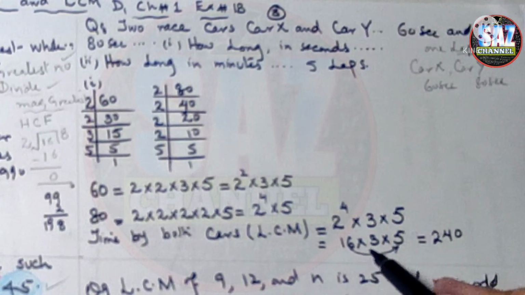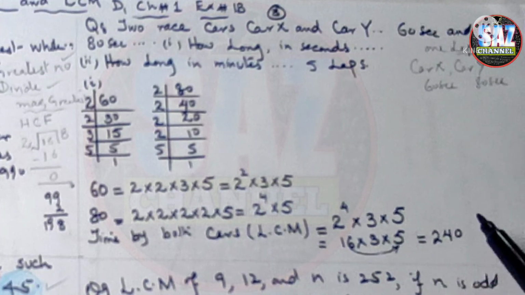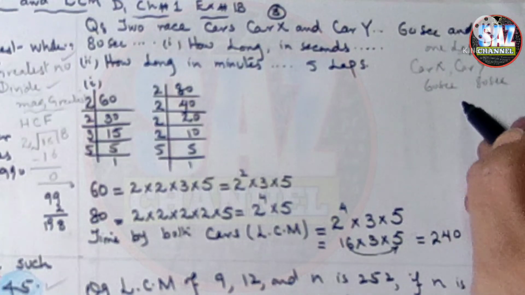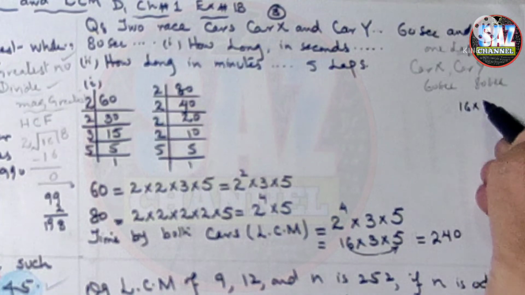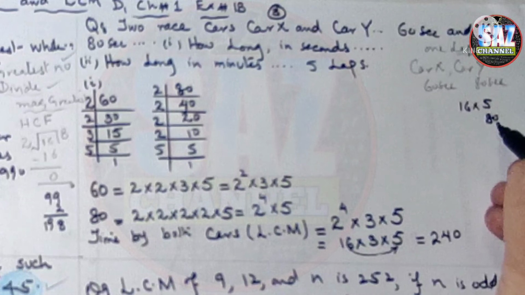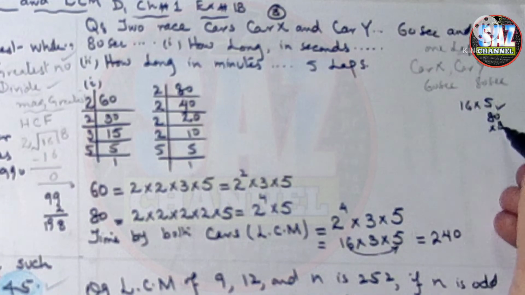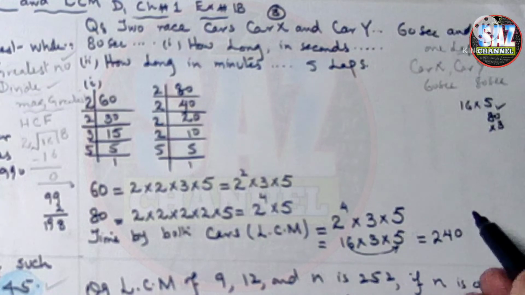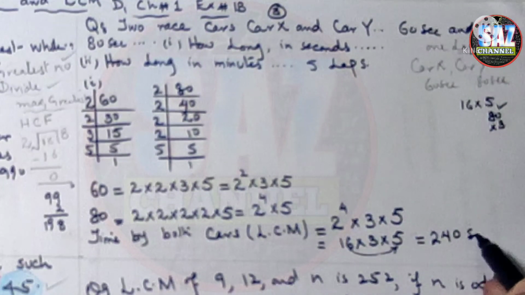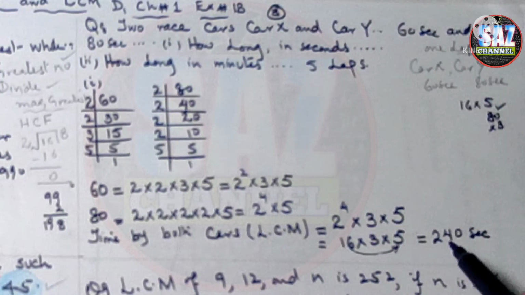If I'm going for 16 3s are 48 multiplied by 5, I need to put some struggle. But if I'm going with 16 multiplied by 5, 16 5s is 80 times 3. For some time I will be forgetting this 0, and 8 times 3 is 24, and then I have to put the 0, and this is 240 seconds. So time taken by both the cars is 240 seconds.